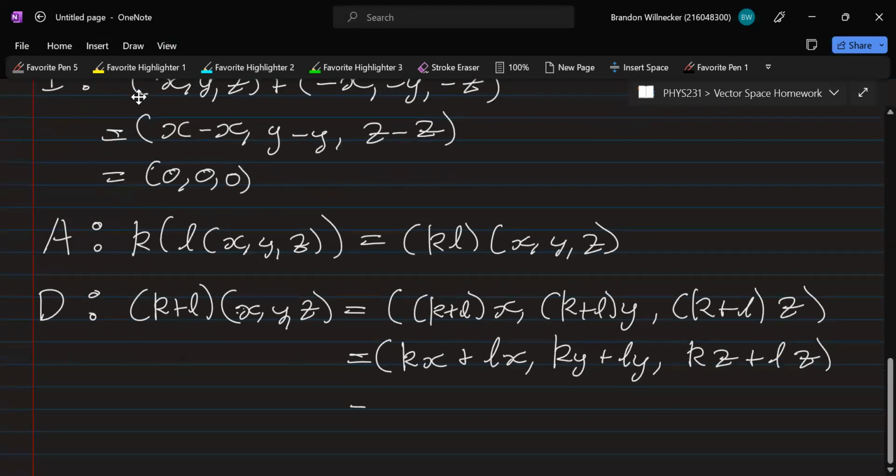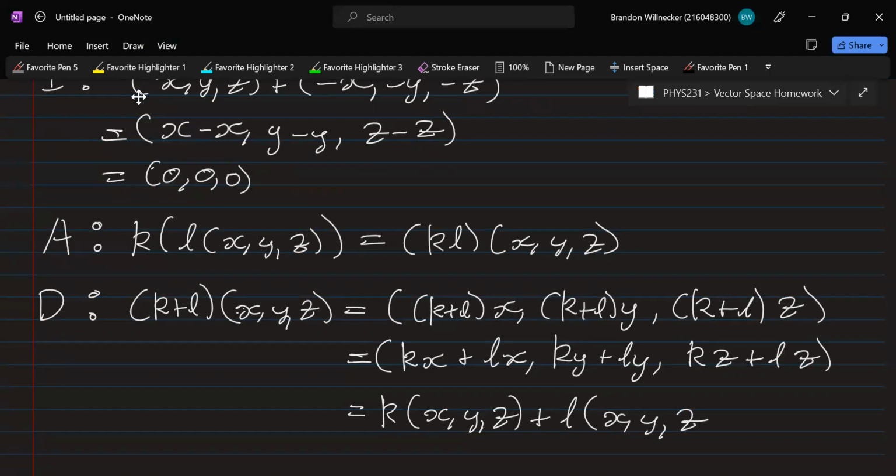Okay, and then finally, we can separate this out into two parts using the vector addition rule, and we can take out the k for the one part and the L for the other part using the scalar multiplication rule. So this is going to be k times (x, y, z) plus L times (x, y, z). Okay, so that's just doing a few operations in one line. Yeah, but I'm sure you can see that there.